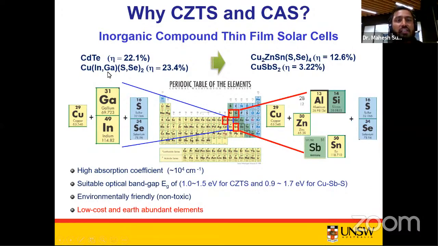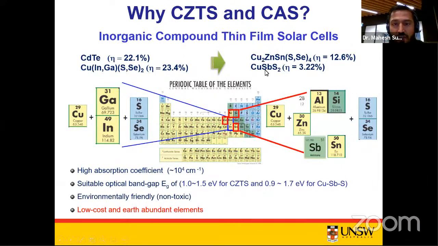In this regard, the CZTSSe compounds are envisaged as promising next generation absorber compounds, which can be derived from the CIGS or the CIS by partially replacing zinc and tin with antimony.